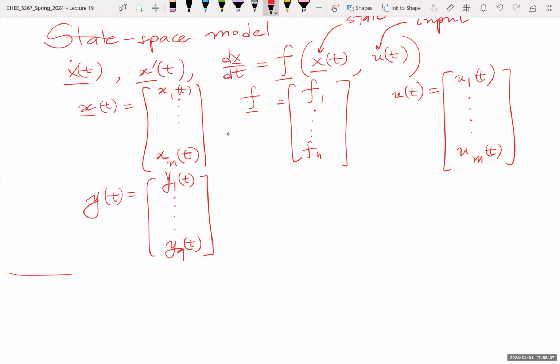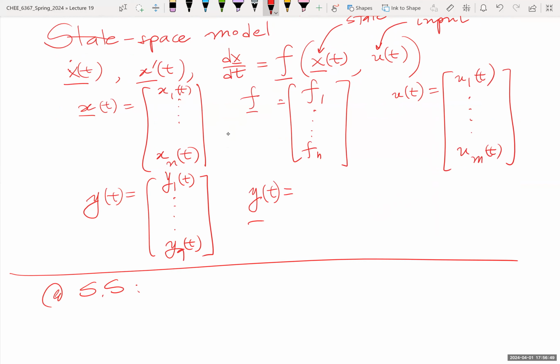At steady state, you have obviously the differential equations. Oh, I forgot to write the output equation. So y of t is h of x of t, u of t.